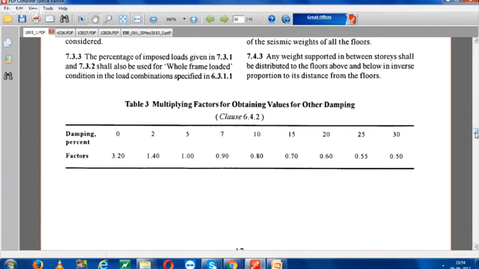Now it is given seismic mass of the building is 1 ton per meter square. That means seismic mass means 1 story. On 1 story you are having the mass of 1 ton. Means 1 ton multiply by 20 multiply by 7. You need to multiply it with area. Your area is, this is your building.